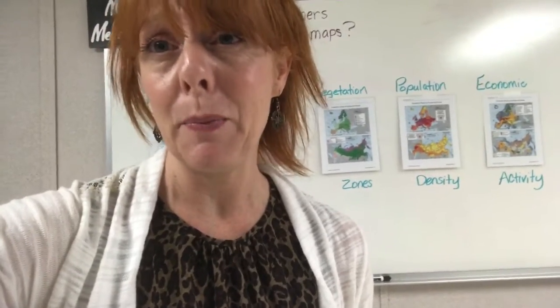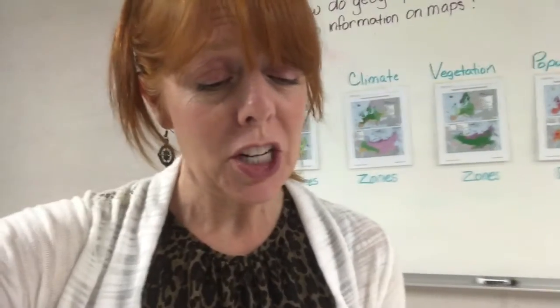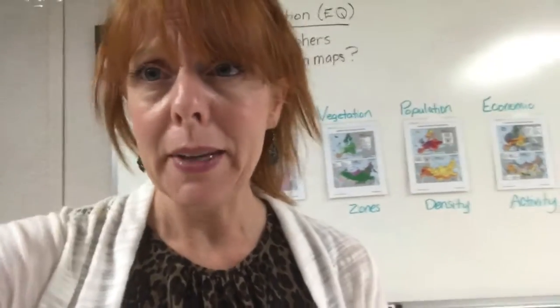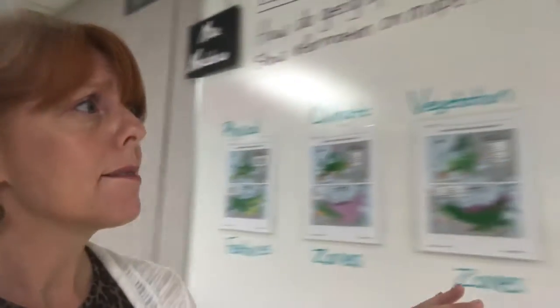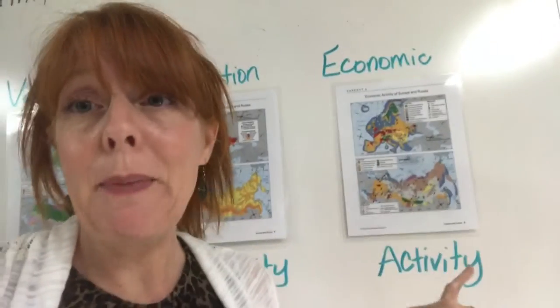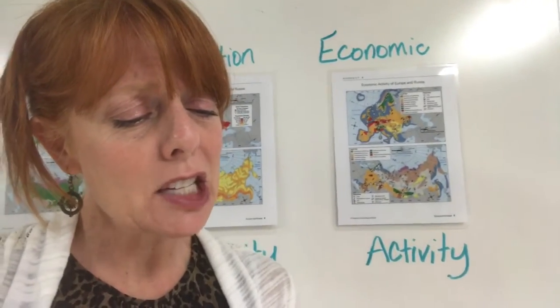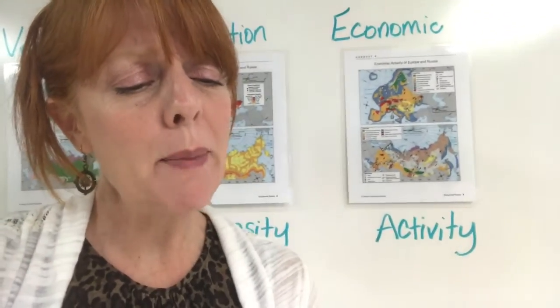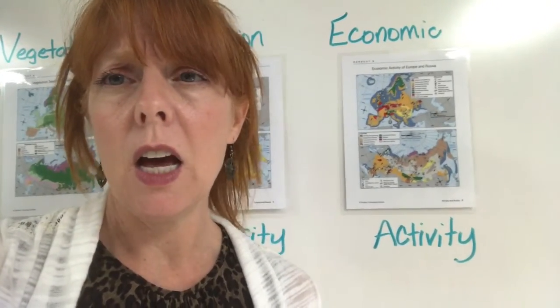Thank you for giving me the paper to refer to. I think the first question that asks about economic activity would use the economic map. And then the second question asked about how might the climates there explain the main economic activity.